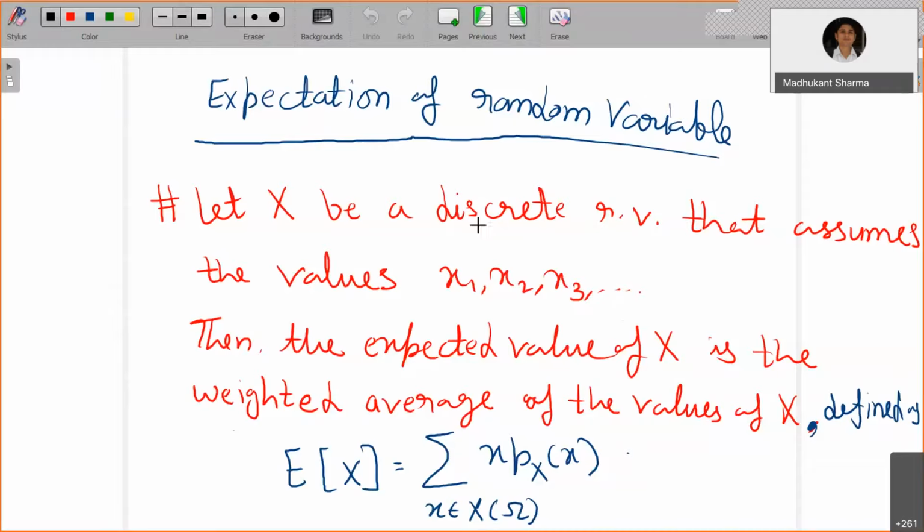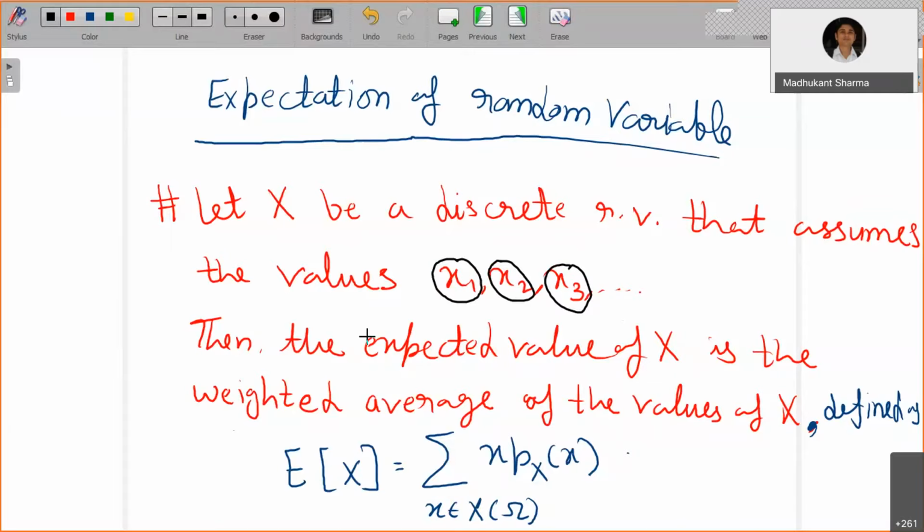Then the expected value of X is the weighted average of the values of X. So the expected value is the sum of the weighted values of X. You have assigned weights to the assumed values, and in the case of discrete we are taking the sum of them. This is how we define the expectation of a random variable in the discrete case.